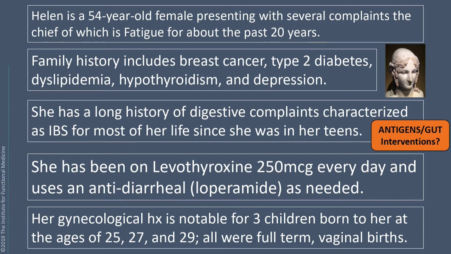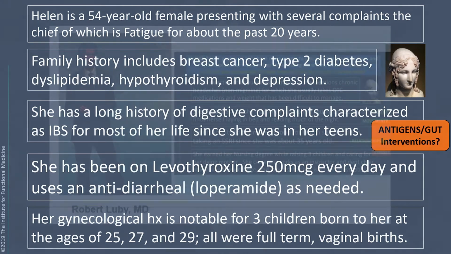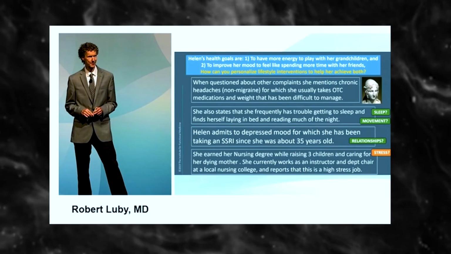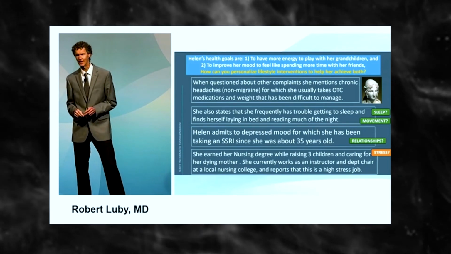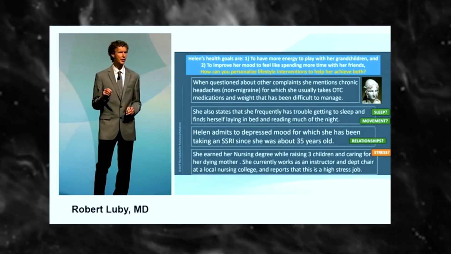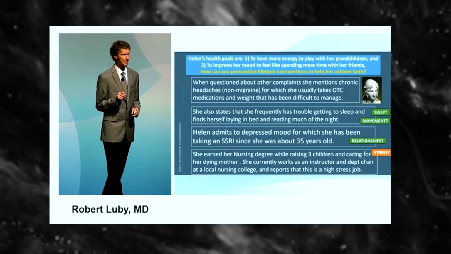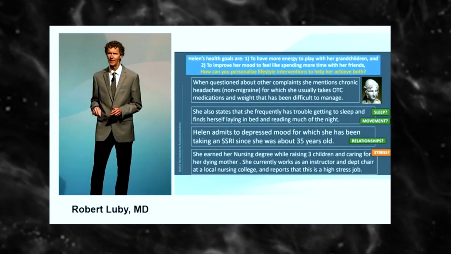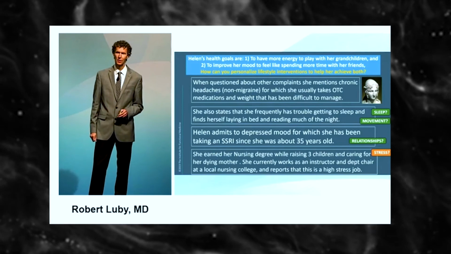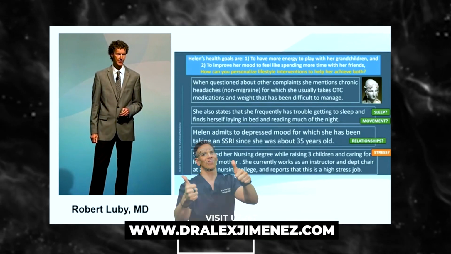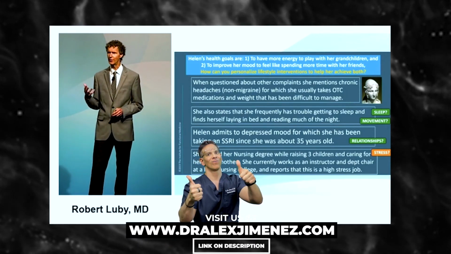Now, a little more complex. What are you going to do about her lifestyle factors? And make them personalized, not just population-based interventions. How can we personalize her lifestyle interventions? I would argue that you need to ask that important question, which is evidence-based medicine as well. Helen, what do you want your health for? What do you value? She values time with her grandchildren.